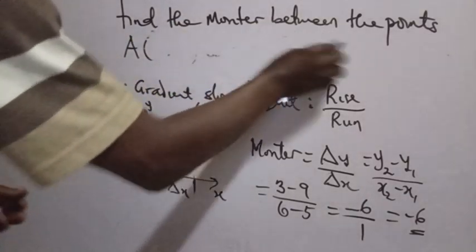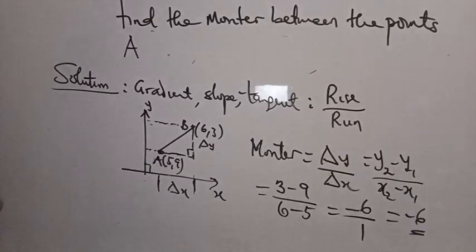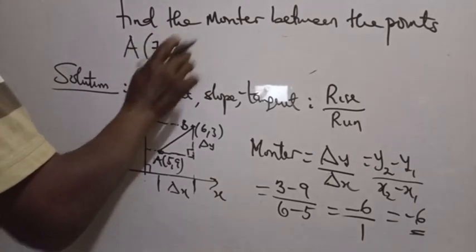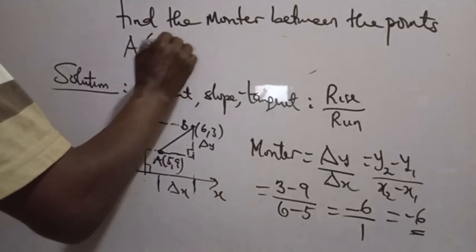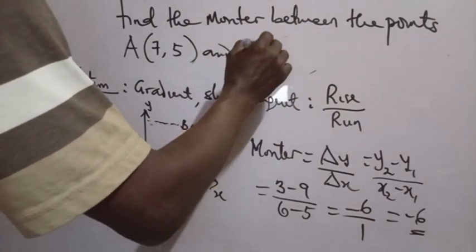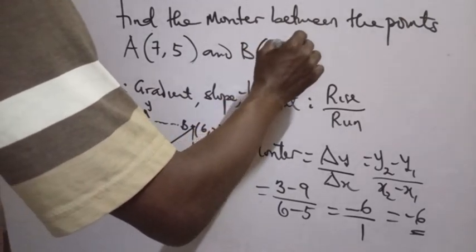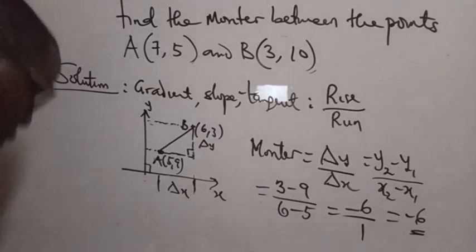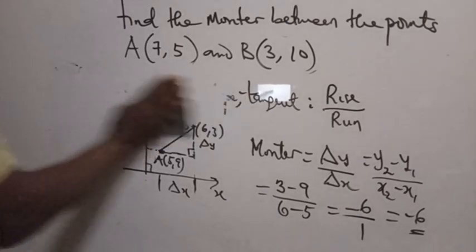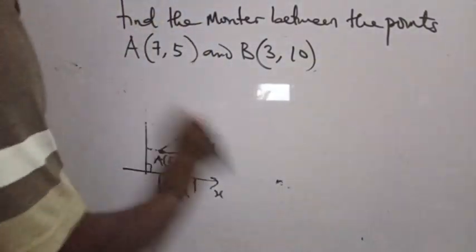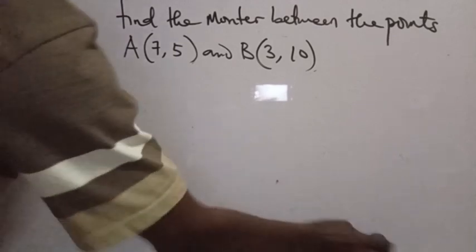Find the Monter between points A and B, where A has x coordinate 7, y coordinate 5, and B is 3, let's say 10. So I want you to find the Monter between those 2 coordinate points, and write your answer in the comment section.